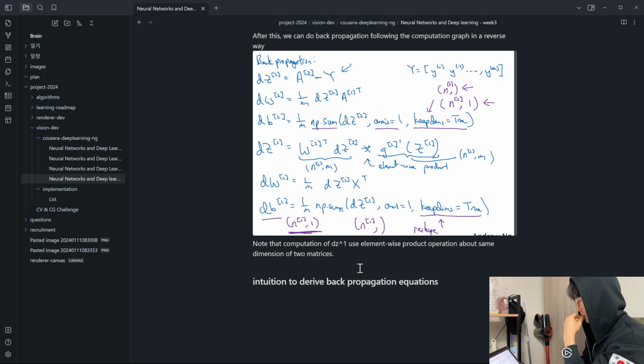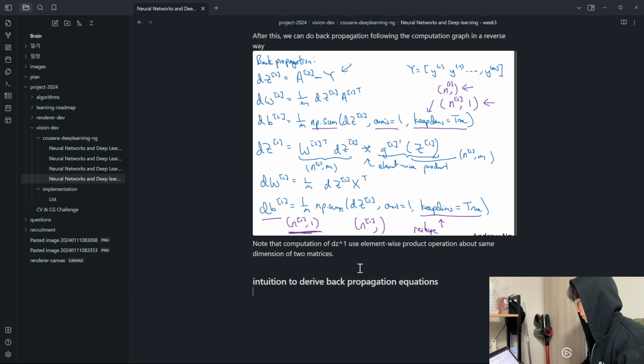And so I'm going to skip explicitly computing dA2. If you want, you can actually compute dA2 and then use that to compute dZ2, but in practice, you can collapse both of these steps into one step, so you end up that dZ2 is equal to A2 minus Y, same as before.